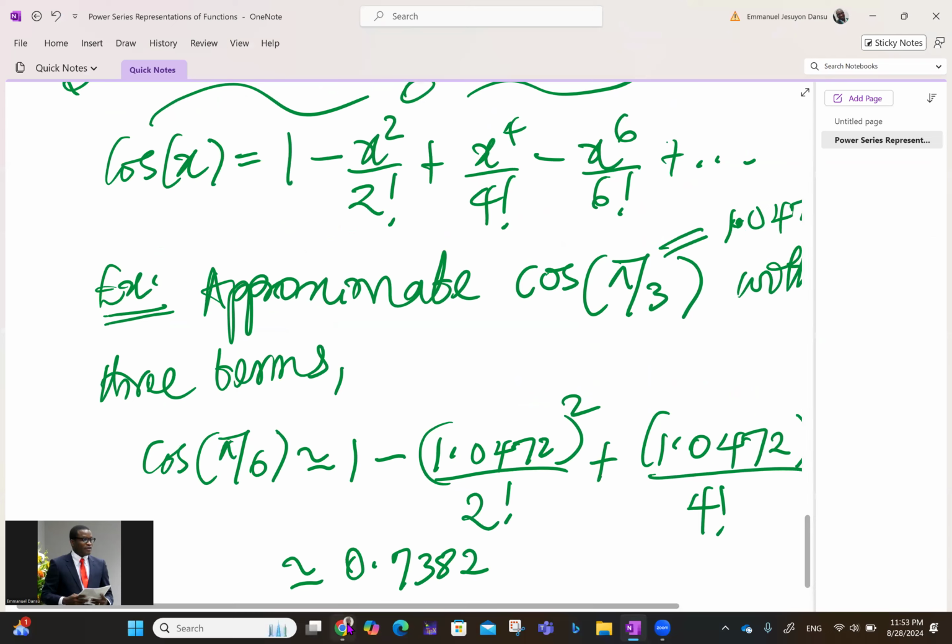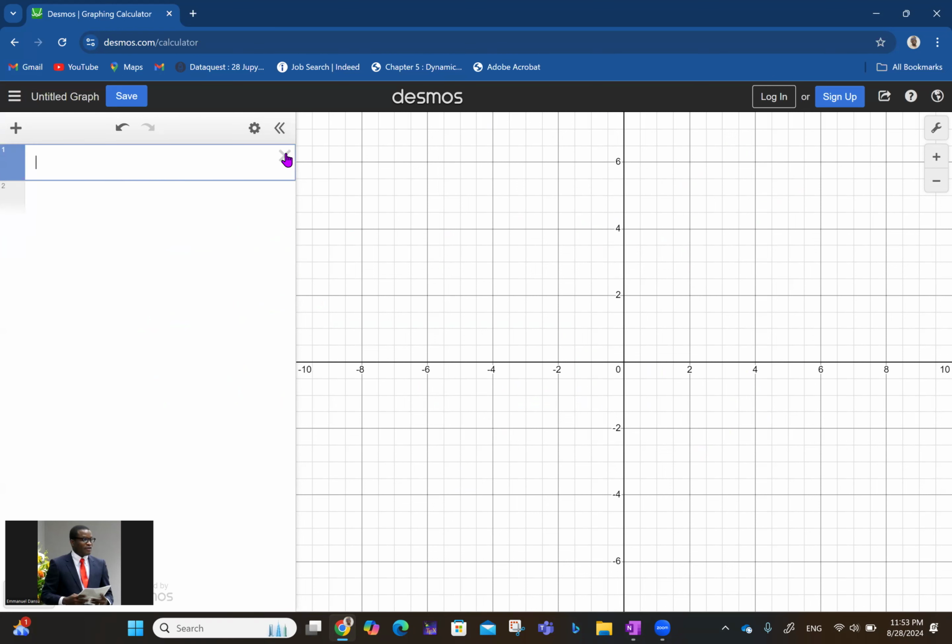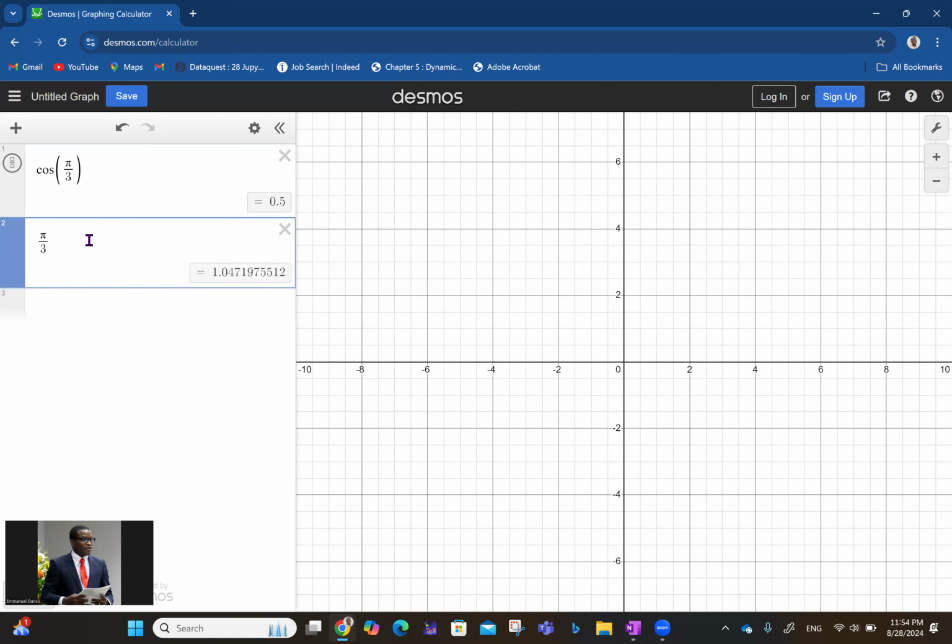So let's check Desmos for this. Of course, we know that sine pi over 3 is 0.5. Sine, we are dealing with cos now. Cos pi over 3 is 0.5. But pi over 3 itself is 1.0472, like we saw already.